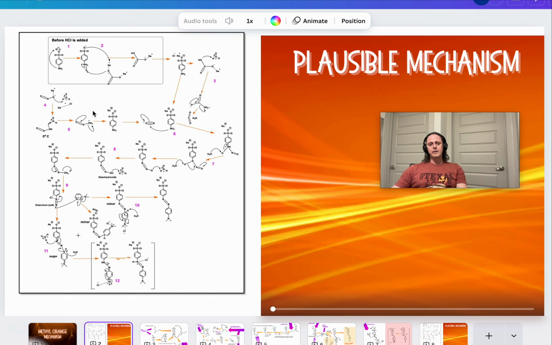So, the big thing here is we've got three origins of this mechanism that you can imagine as three flasks that eventually mix together and form our main product here at the bottom. And we have to understand that this mechanism comes from three directions.